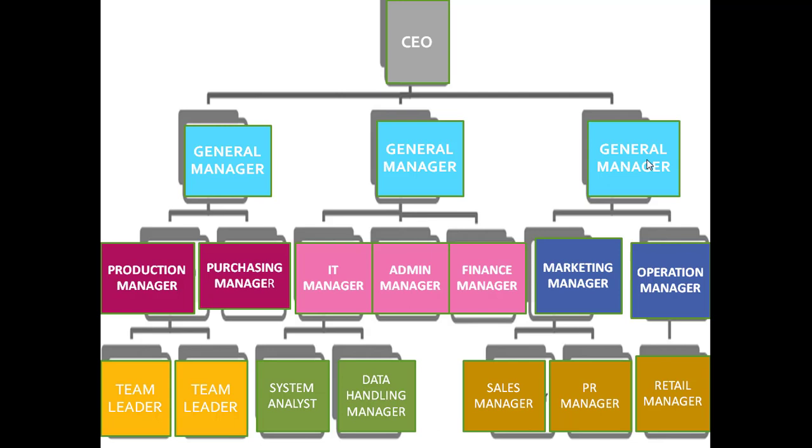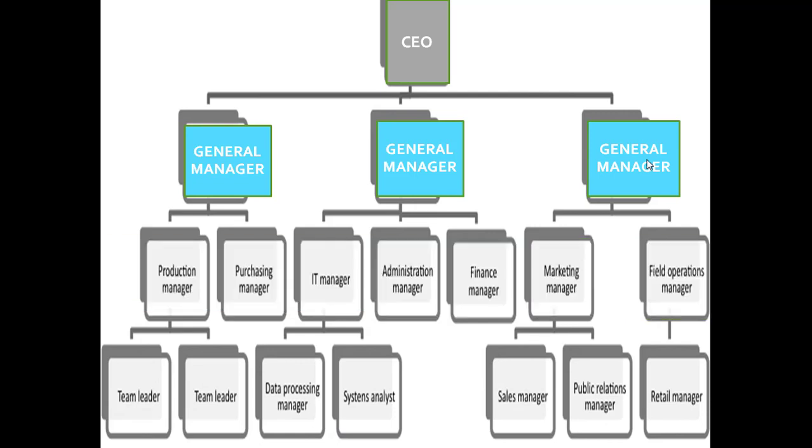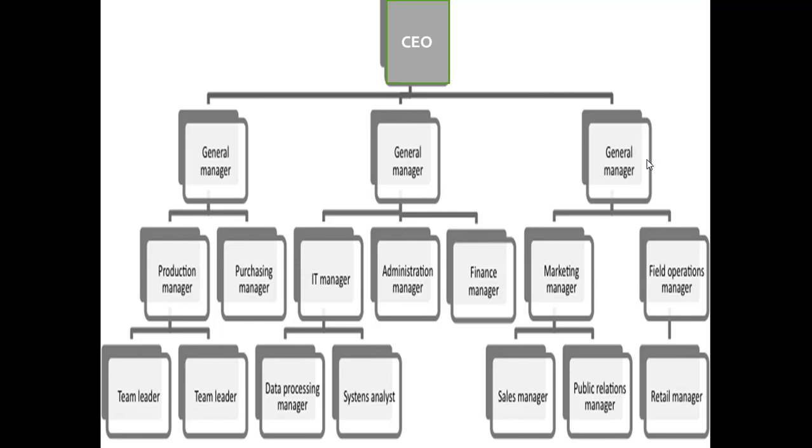Let's take an example that a team leader of one department has certain decisions. So he in turn will communicate to his superior, who communicates it to his superior, who is the general manager. The general manager in turn will talk to the CEO, who is the top level management, and he will decide whether the decision is to be implemented or not.